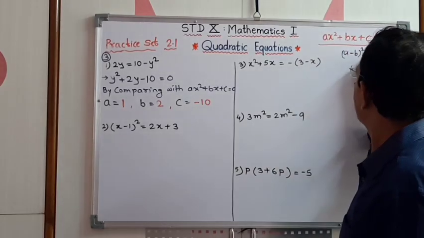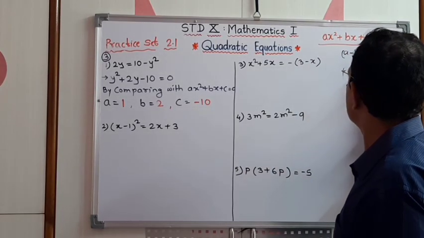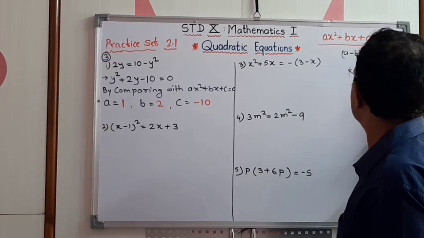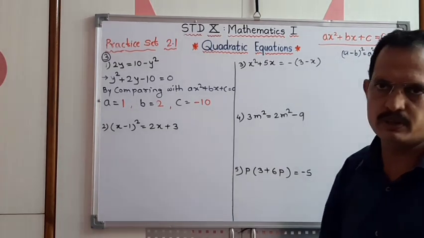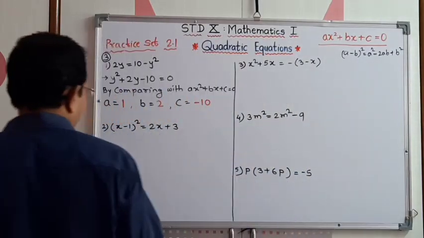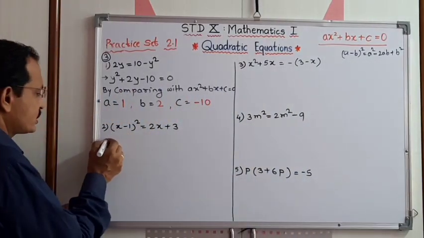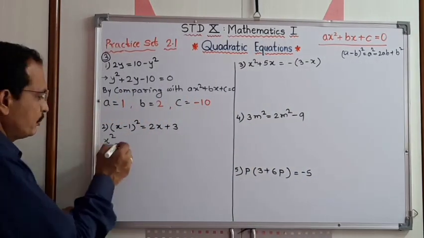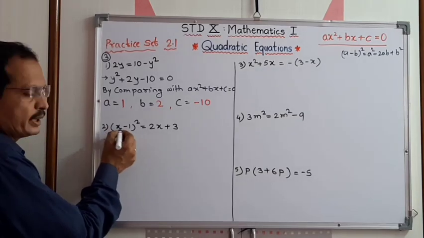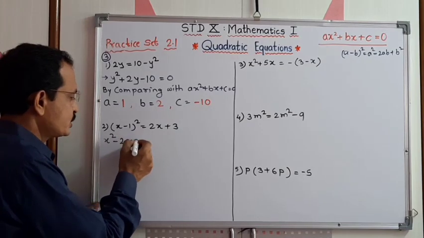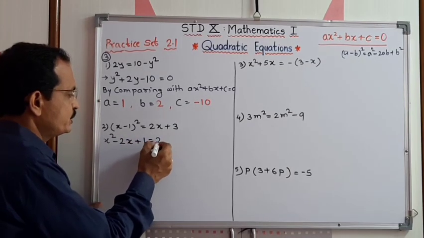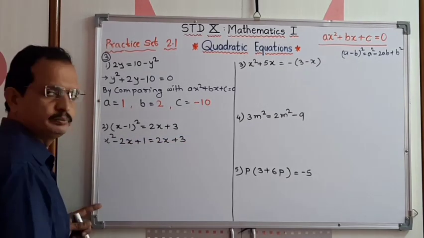It is a square minus 2ab plus b square. In the same way we write here the square of the first term, x square, minus sign, multiply 2 and make the double, that is 2x, and the square of this, it is 1, is equal to 2x plus 3.